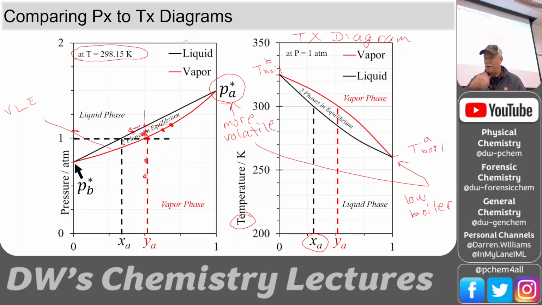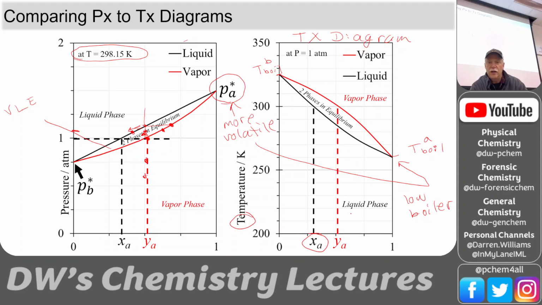So this whole diagram on your right is the boiling diagram. It's at 1 atmosphere, so every one of those mixtures has a different boiling point. This is all of the temperatures at which the vapor pressure is equal to 1 atmosphere.